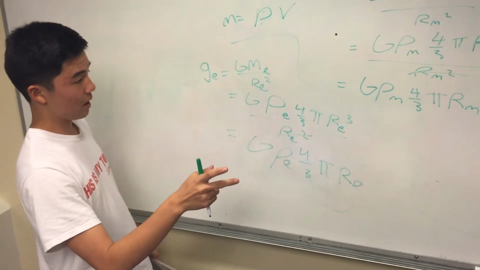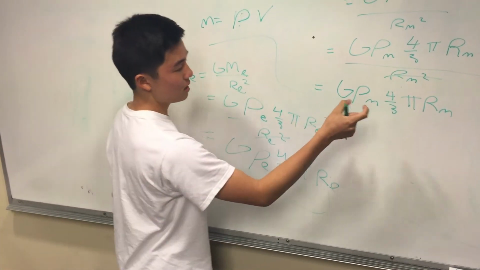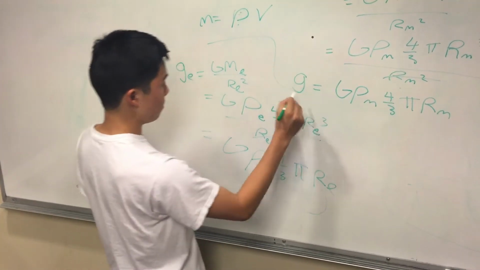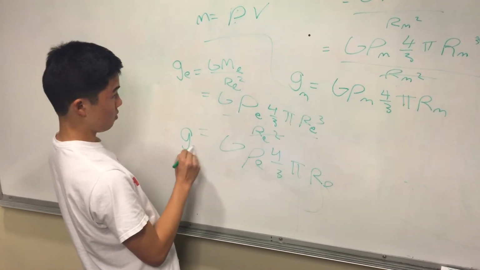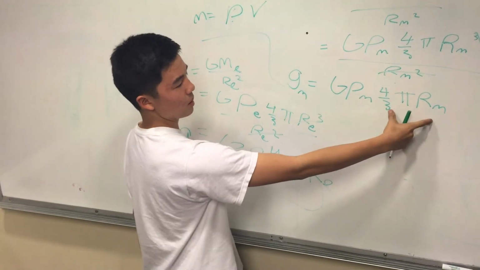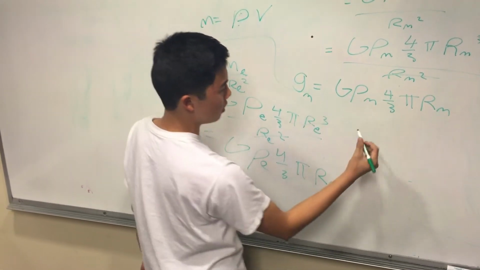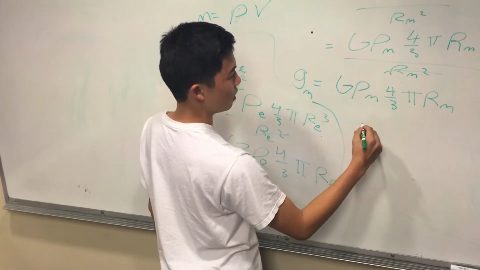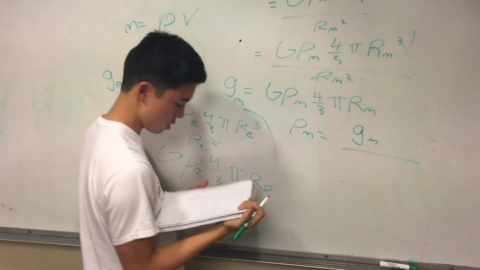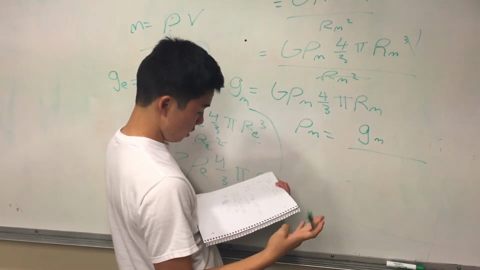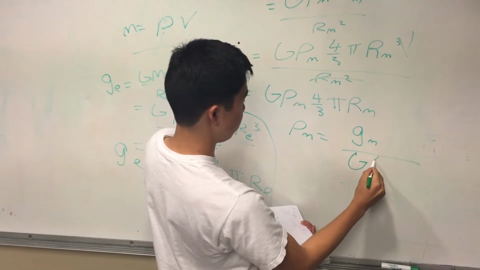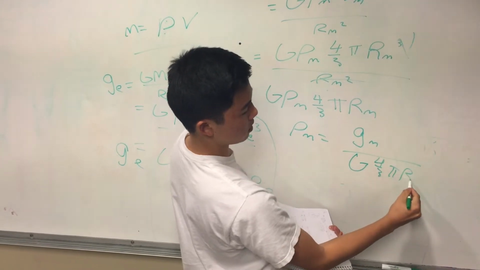All right, and then what I did was solve for density of the moon and density of the Earth. So if you do some basic algebra and just get density alone, divide both sides by G 4/3 pi R M, you'll get density of the moon equals g over G 4/3 pi radius of the moon.